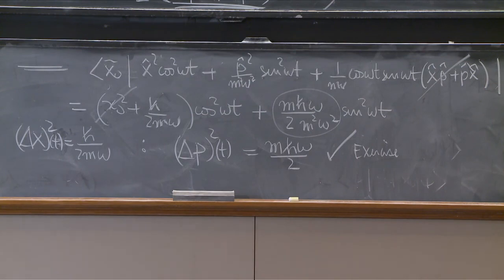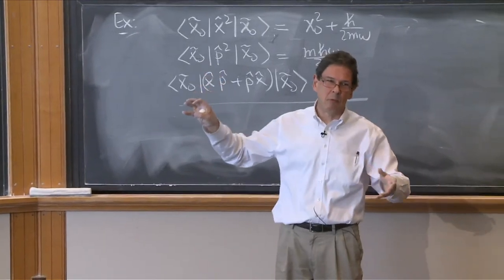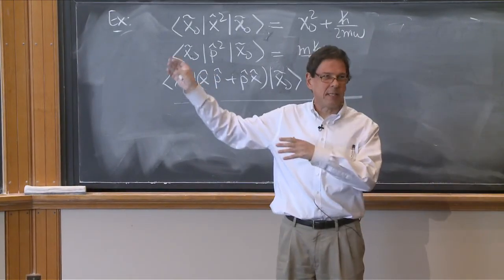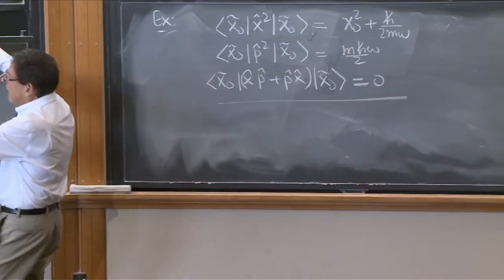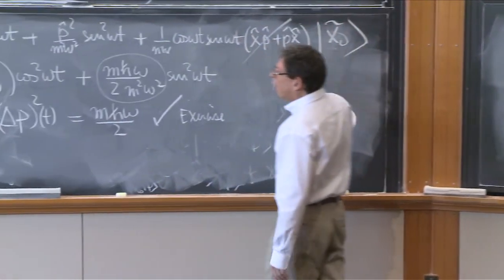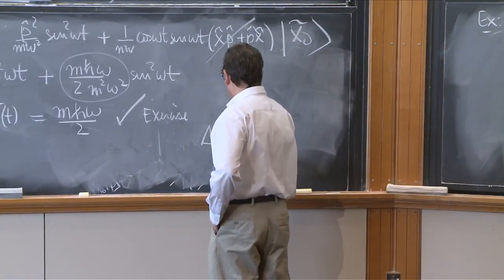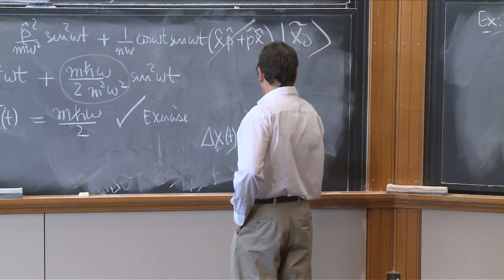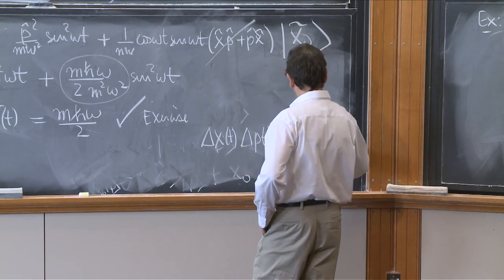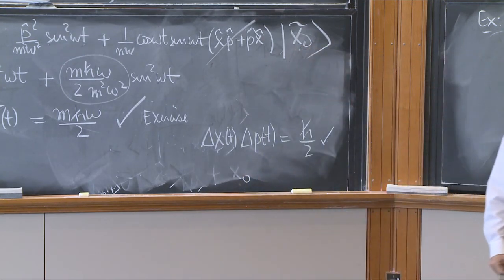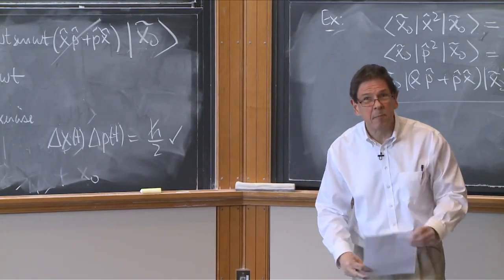I think actually there's going to be a problem in the homework set in which you're going to be asked to do most of these things, including things I'm doing here on the blackboard. So you will practice this. So between these two, delta x of t, delta p of t is in fact equal to h bar over 2. And this is a minimum uncertainty thing, and it behaves quite nicely.